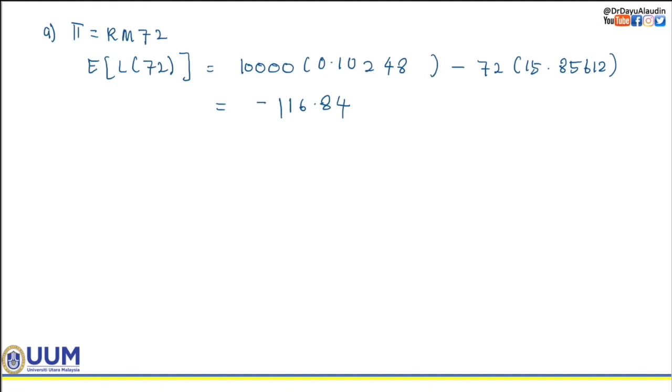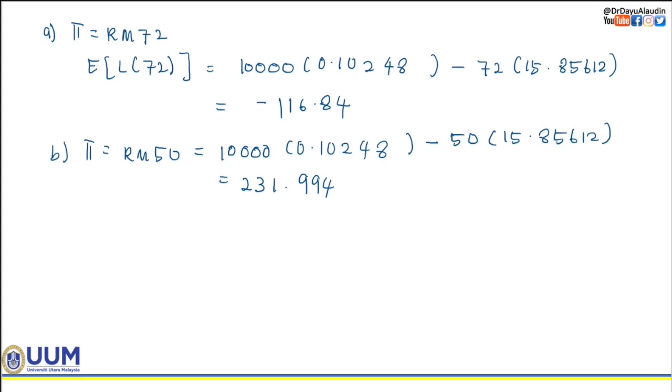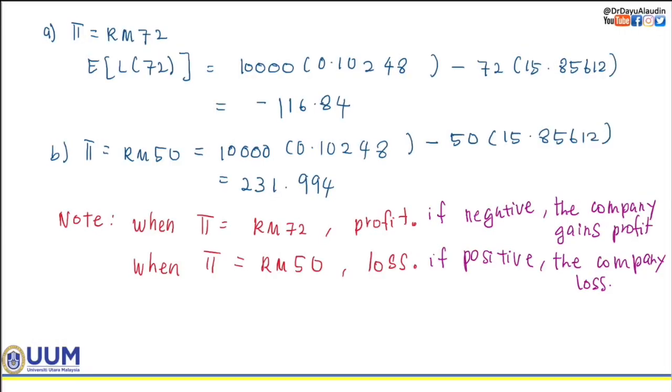Then we substitute net annual premium equal to 50 into the equation, and we get 231.994. So if the expected loss function is negative, it means that the company gains profit in this case. And for the second one, when we charge the premium equal to 50, the company will lose. So the company has to determine the premium between 72 and 50.